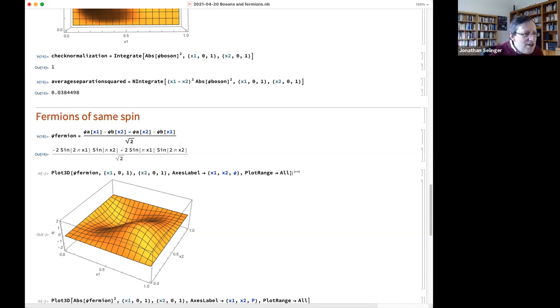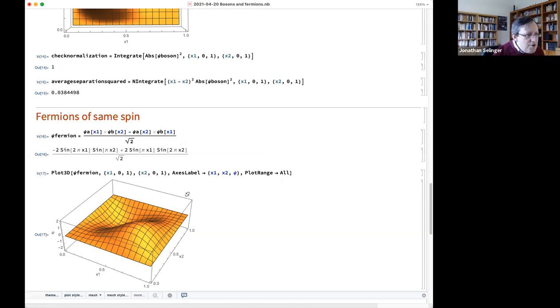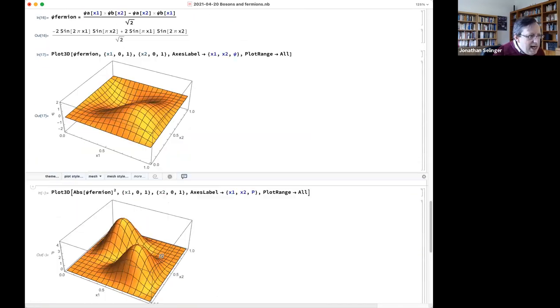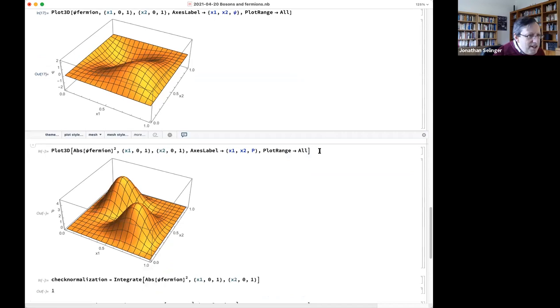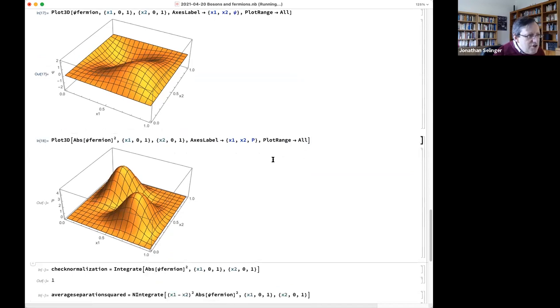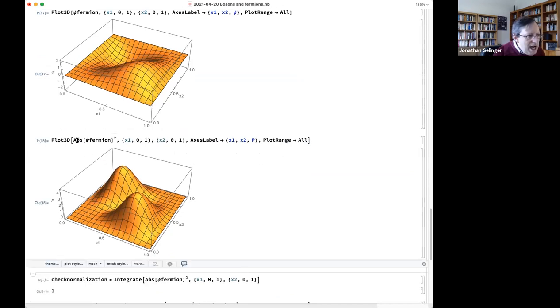So here's a plot of the wave function now for the fermions in terms of x1 and x2, and then the probability is the absolute value squared of the wave function.